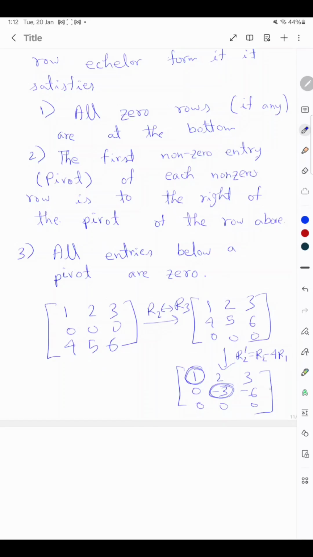Whenever you are going from here to here, minus 3 is to the right of your 1, right? This is what it is saying.